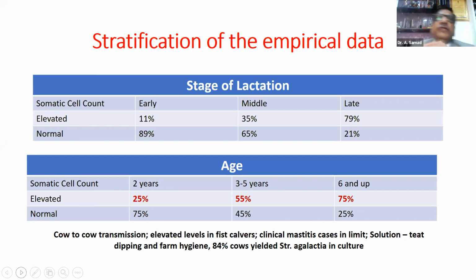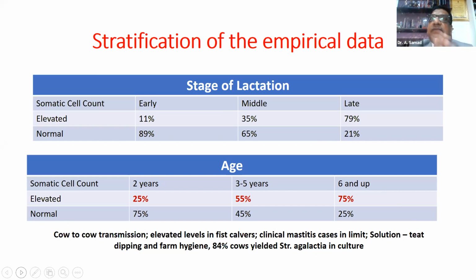So for my non-vet friends, I would just explain that to find out whether there is a disease in the udder of a milking animal, what we usually do is count somatic cells in milk. And if the somatic cell count goes up, then we say that there is a clinical or a subclinical problem with the udder. So here I'm giving an example where elevated means more than 200,000 somatic cells per ml of milk, and normal means less than 200,000 somatic cells per ml.